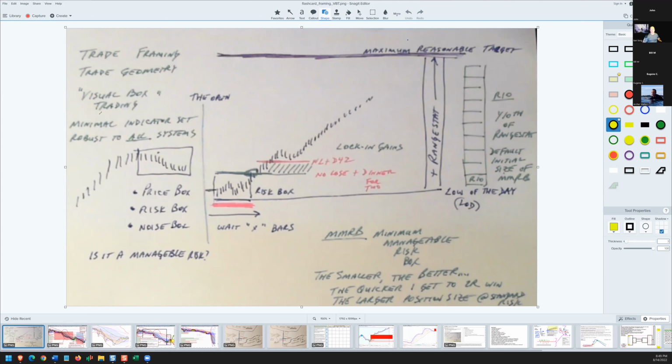This is what we call visual box trading, or trade framing with trade geometry, and using a minimal indicator set that is robust to all systems.